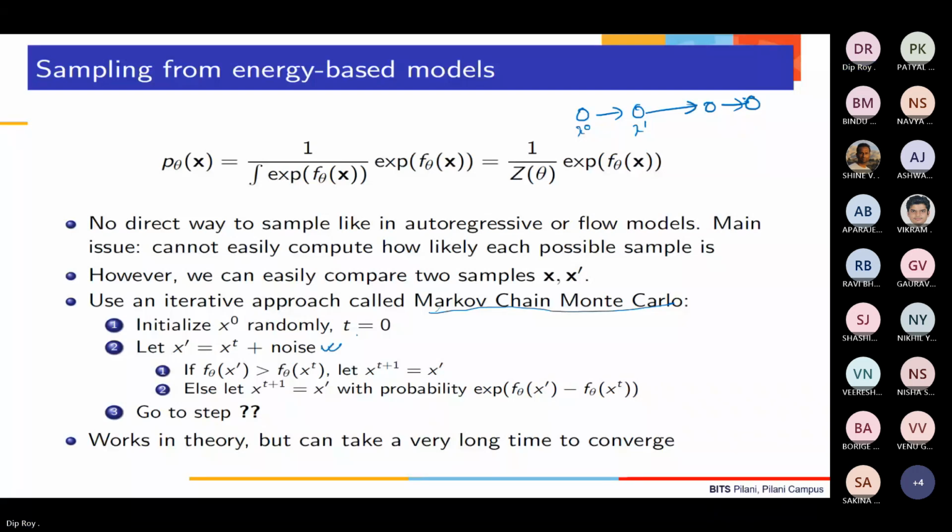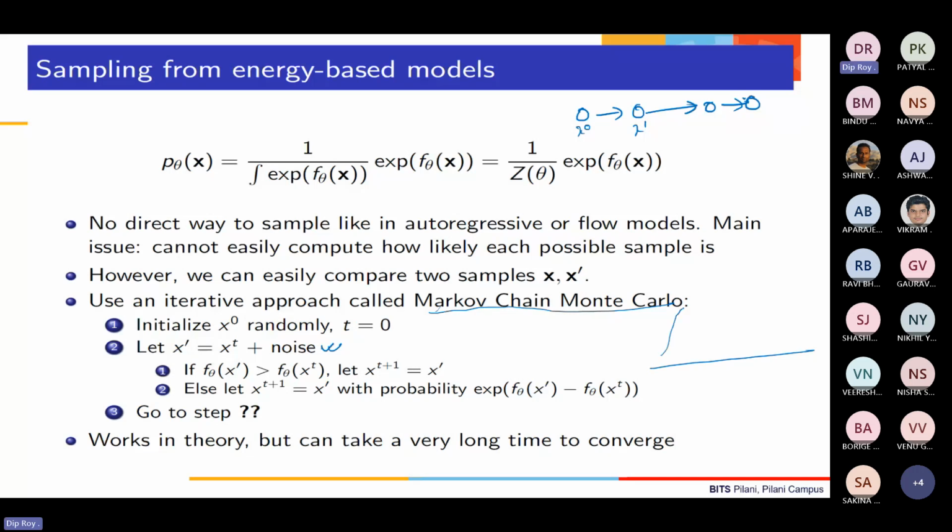I just add some noise to the current sample and try to go to the next step. How does it help? It helps because you know the functional form of the energy function.